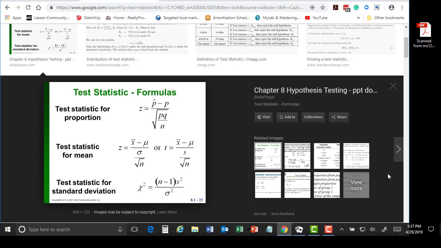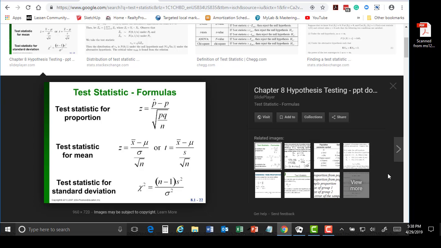And if it lands out in the tails, it's a rejection of the null hypothesis. Okay, so it takes a little practice, but these are what you're going to be using in your final. You will be calculating if it doesn't tell you explicitly what they are. It'll be set up so you can solve for these.